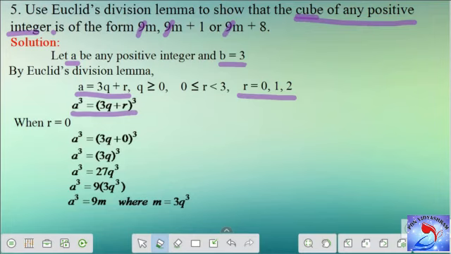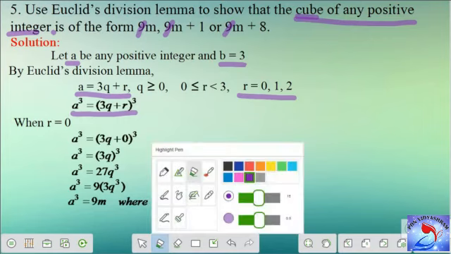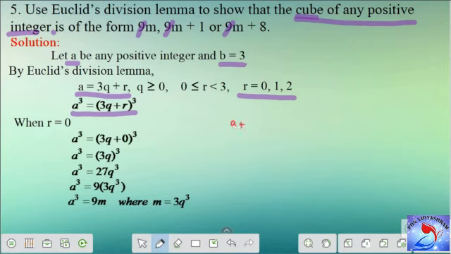So let me take the cube of a. When I cube a, it must be cubed on the other side of the equation also. That means I will have a cube as 3q plus r the whole cube. Now this takes the form a plus b whole cube. I hope you know what a plus b whole cube is. Let me write it here for your convenience.